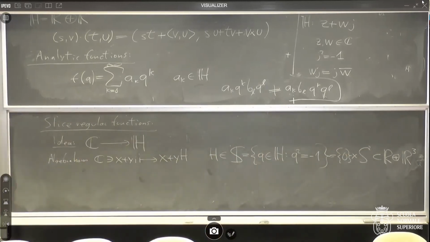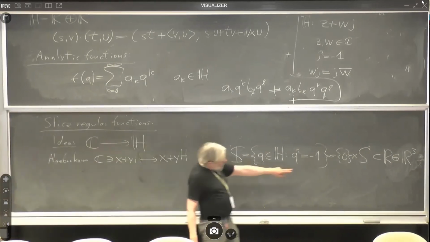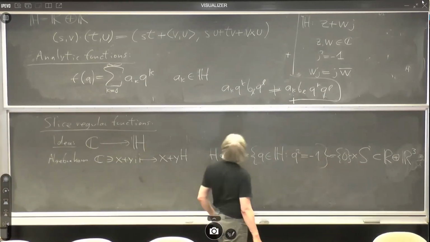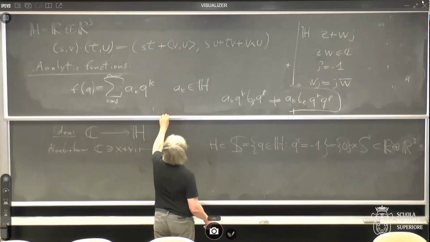So, in fact, you have infinitely many imaginary units. Again, this is possible because we no longer have commutativity. So we can actually take any element here, and this is an imaginary unit. You can just look at this equation here.